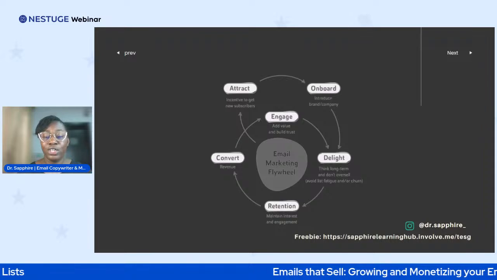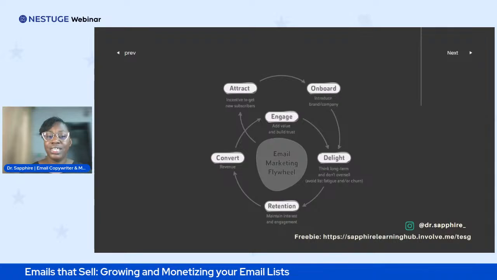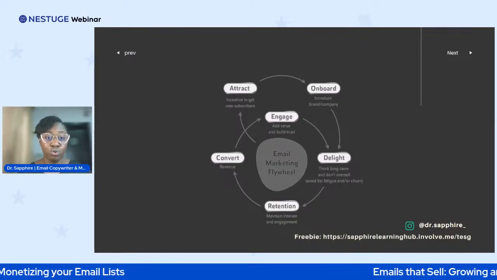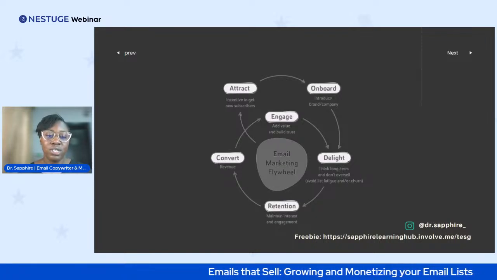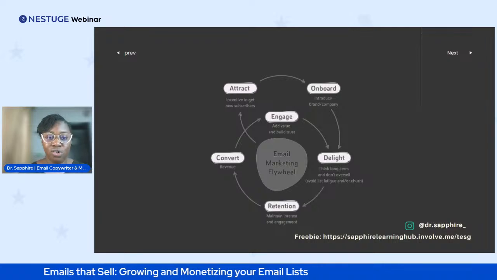So it's a flywheel. This is why people don't just send an email for, let's say, one month and stop there, but keep sending emails over and over. There are some people on my email list that have been there for up to two years plus. Some of those people in those two years have bought numerous times, if not every single promotion that I have done on that list. That is because the cycle continues.